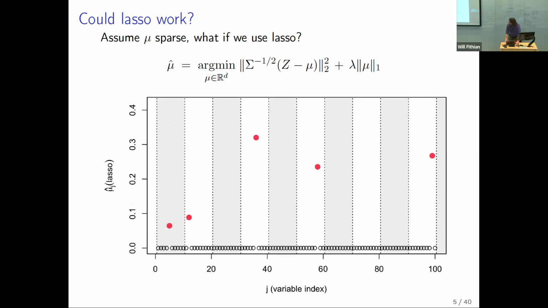So the lasso actually is able to succeed in this problem. The lasso is generally just doing a better job of classifying nulls from non-nulls because it's using the information that we just talked about. It's exploiting the correlation in the problem.